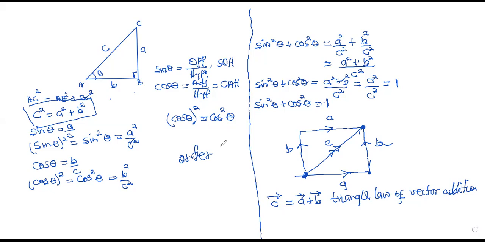then the third side of the triangle represents the magnitude and direction of the resultant vector.